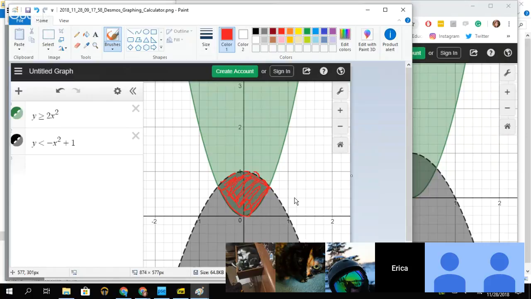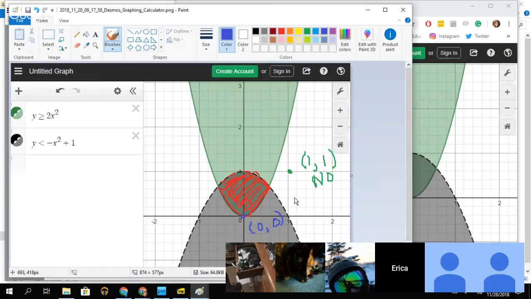Okay. So if I asked you, is point 1, 1 a point that is valid for both of my parabolas? No, right? 1, 1 is not a valid point, because it's not in either one, right? What about down here at 0, 0?